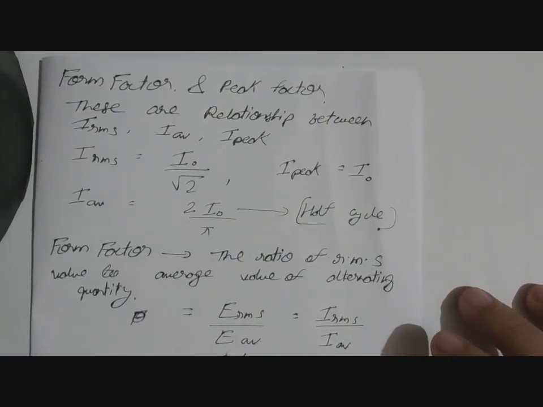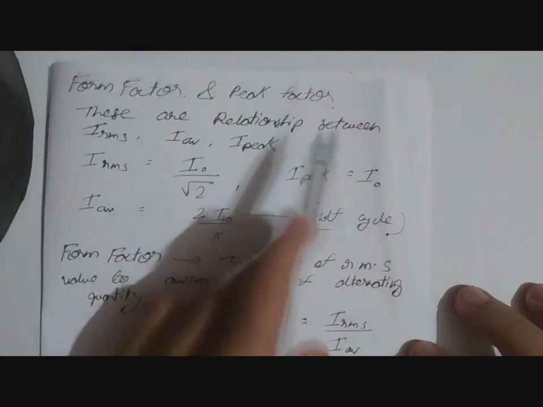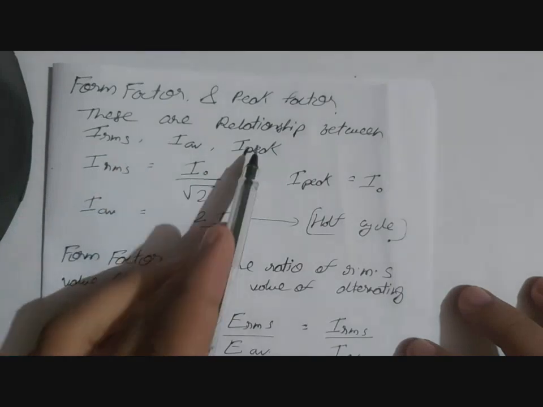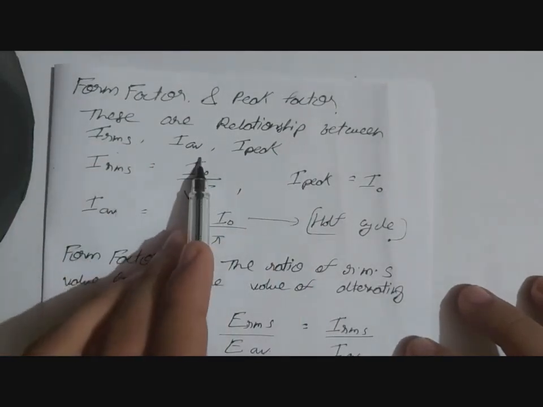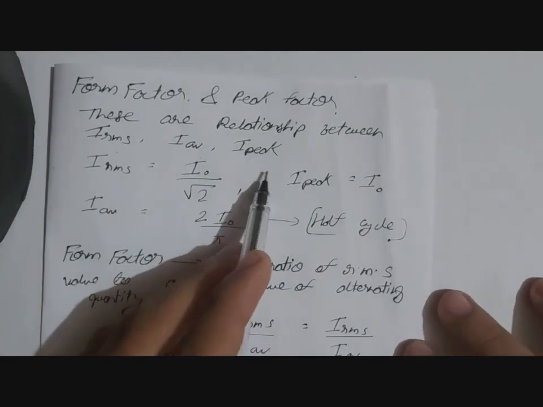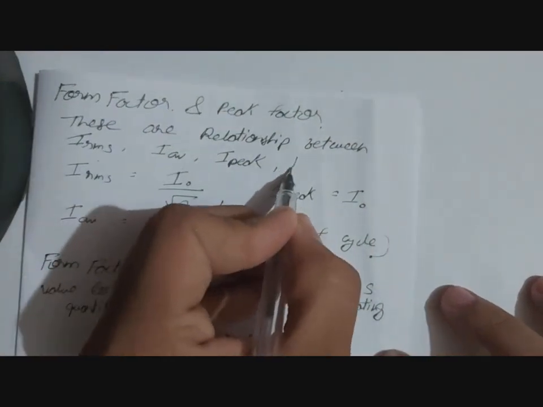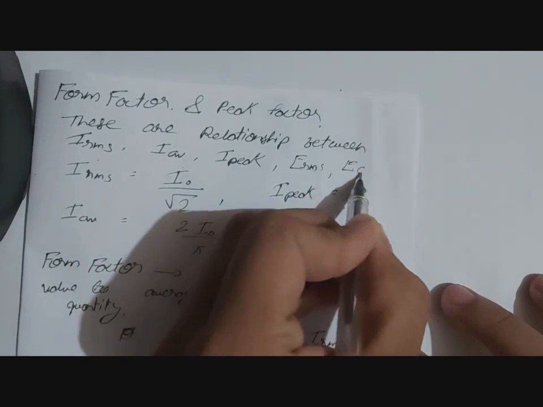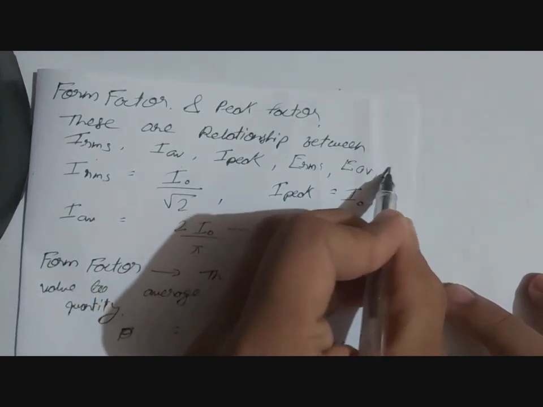So our next topic is form factor and peak factor. They are nothing but a relation. These are relationships between IRMS, I average or peak value, or also for ERMS, E average and E peak.